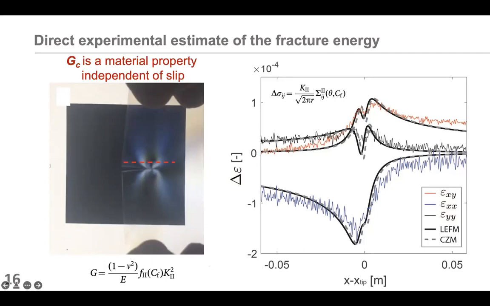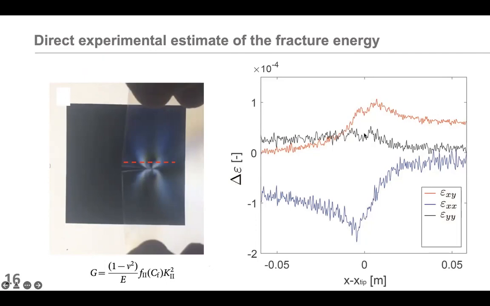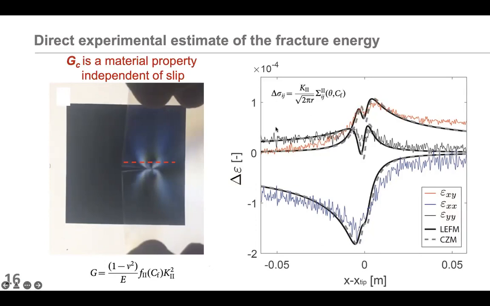Here you can see a comparison between the experimental curves, the black, the red, and the blue curves, that correspond to the stress intensity at the rupture tip in three different directions, and the black and gray dashed lines that correspond to the result of a model. In this model, the only unknown is the fracture energy. Considering that the fracture energy is equal to the energy release rate, we have a direct estimate of the fracture energy.